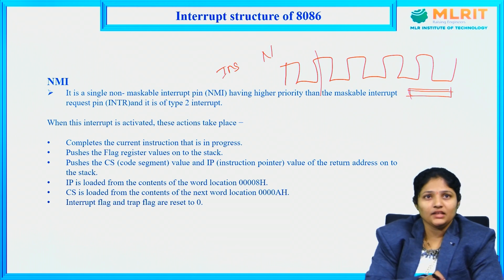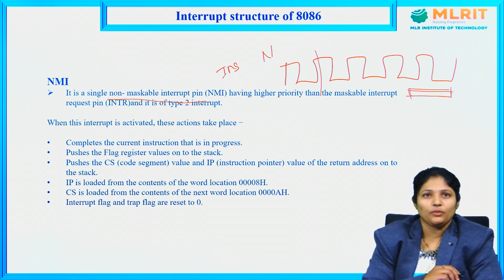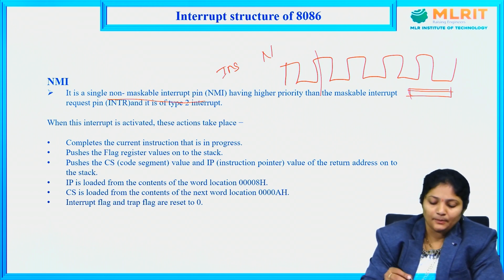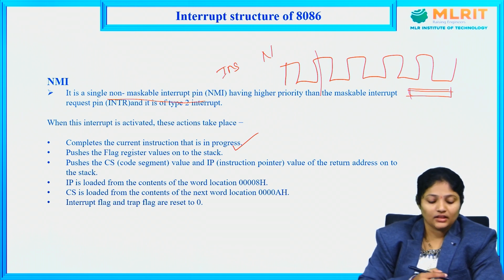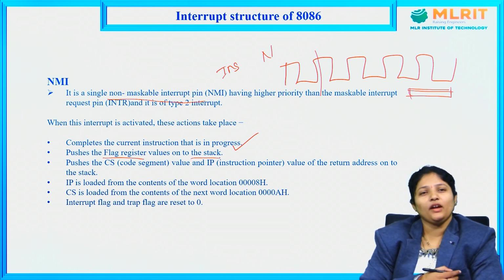Like in this case, if a non-maskable interrupt occurs while executing any instruction, the microprocessor first completes the current instruction execution, and then it pushes the flag register values onto the stack. Why does it have to push the flag register?